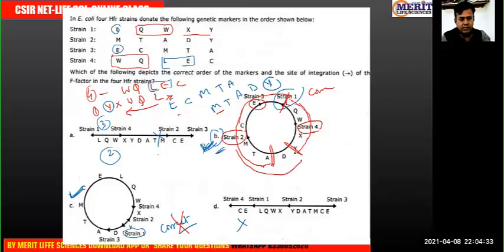So this is the correct order. It means every gene is arranged according to the given plan. Any doubt in this question? Any doubt? Any clarity you want?